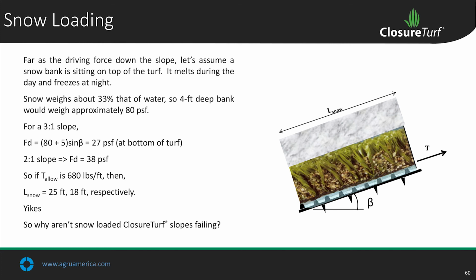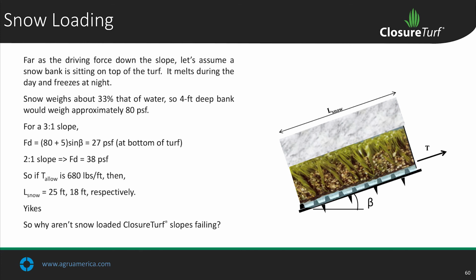For a 2-to-1 slope, that would be 38 pounds per square foot. So if T allowable is 680 pounds per foot, then that driving force can only be applied over a slope length of 25 to 18 feet, respectively. Well, no one builds slopes that short, so that's pretty much a yikes.